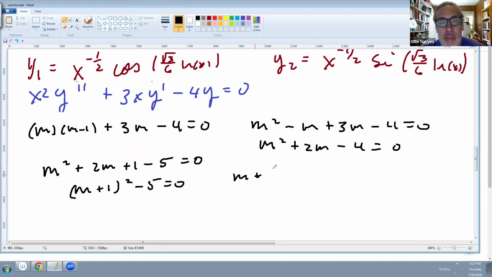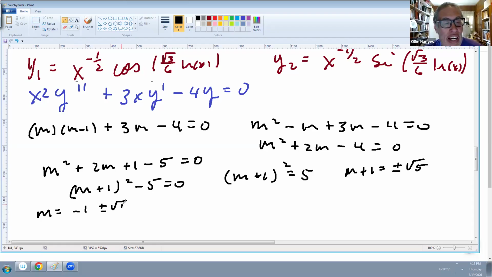So m plus 1 squared is positive 5. So m plus 1 is equal to plus or minus root 5. So m is negative 1 plus or minus root 5.